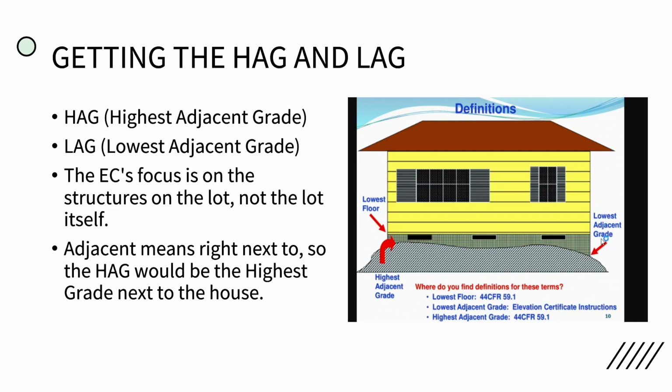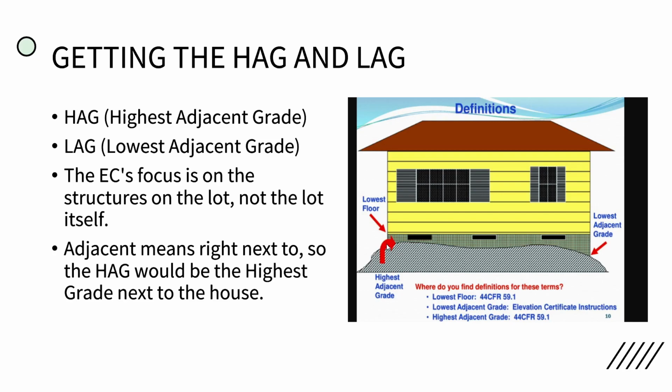That's what the LAG is used for. So the water needs to rise to 10 feet before it's touching this house. And then if the water rises to 12 feet, the whole house is going to be underwater.